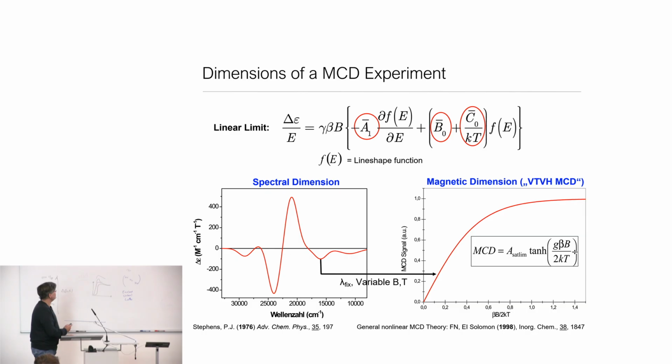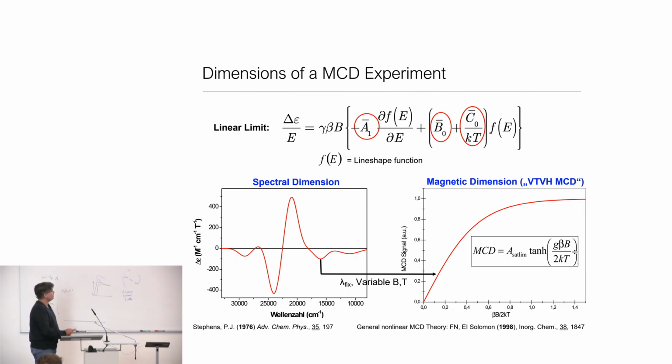So let's say you've measured an MCD spectrum like this one here, and it has some positive peaks and some negative peaks. Some look very derivative-shaped and some look absorption-shaped. But what you can do now is set the spectrometer to a fixed frequency, or in this case a fixed wavelength, and start varying the magnetic field and the temperature.